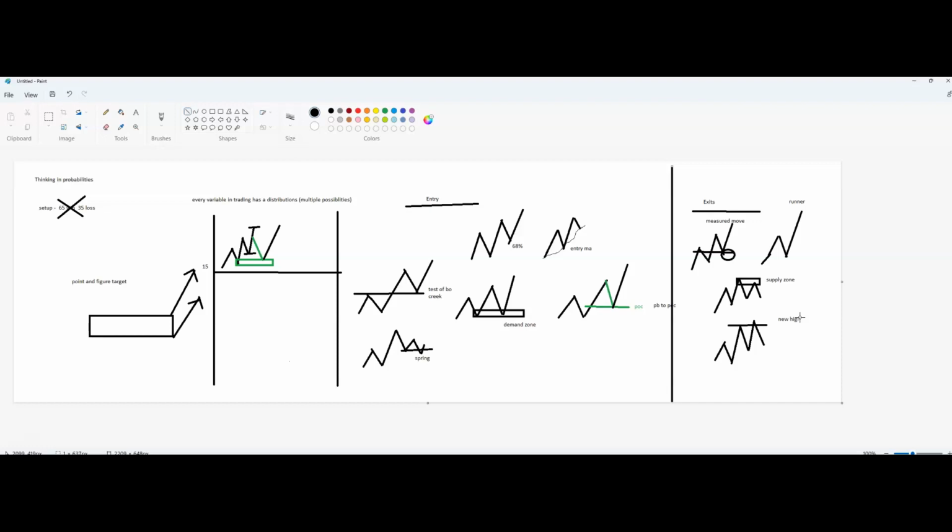Shouldn't I take something off at a 3R a little bit, maybe a third, instead of hoping and dreaming that it'll go to my 15 to 20 hour trade? Shouldn't I take a little bit? So if you think in probabilities, you will take something off at a lower target, at least 2 exits. So what am I saying here?